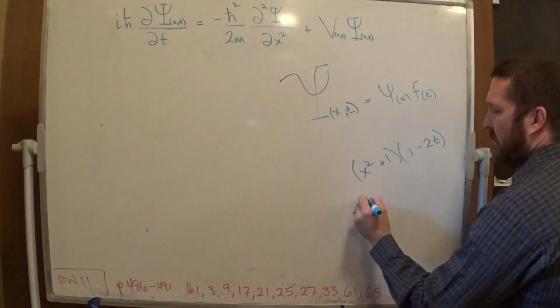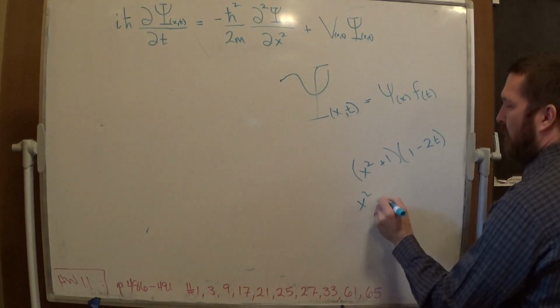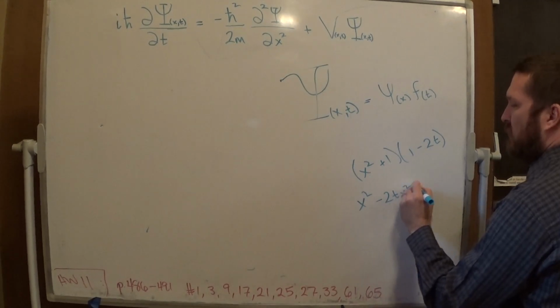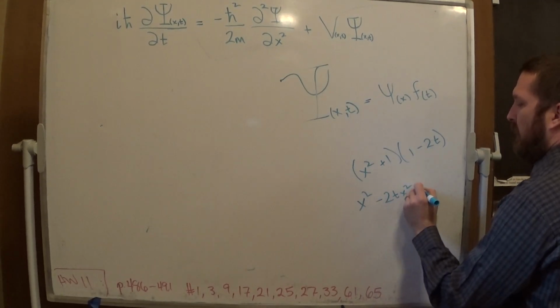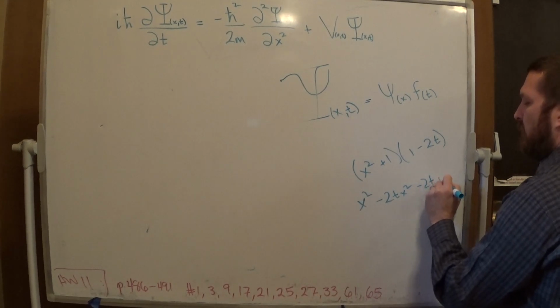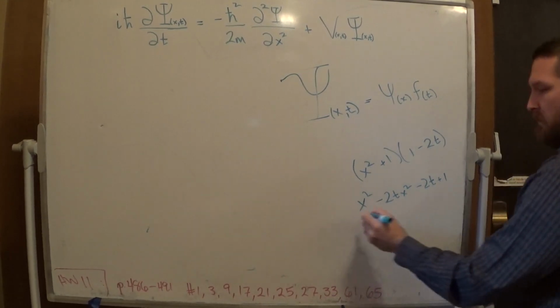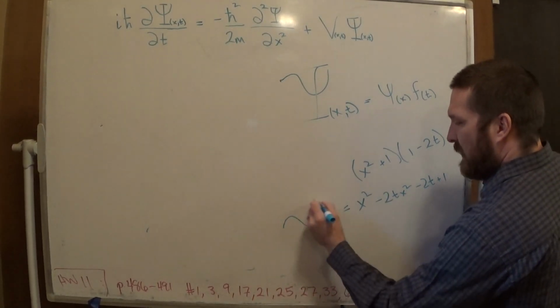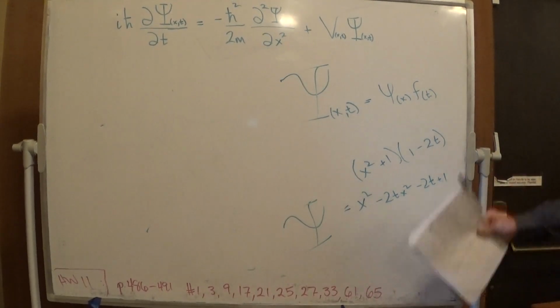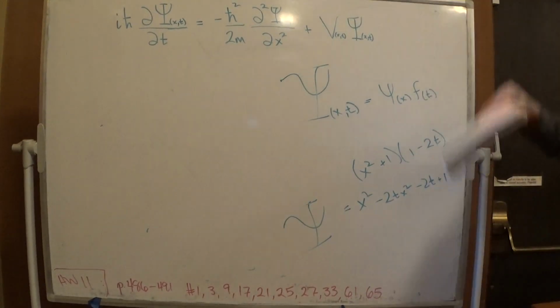If you were to multiply this out, you'd get x squared minus 2tx squared minus 2t plus 1, right? And we'd say, there's my big function that describes all of the goings-on inside this box.